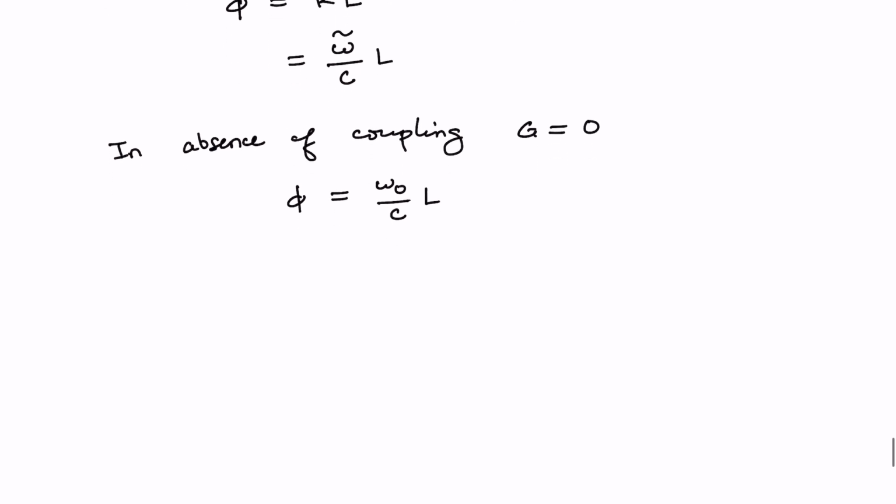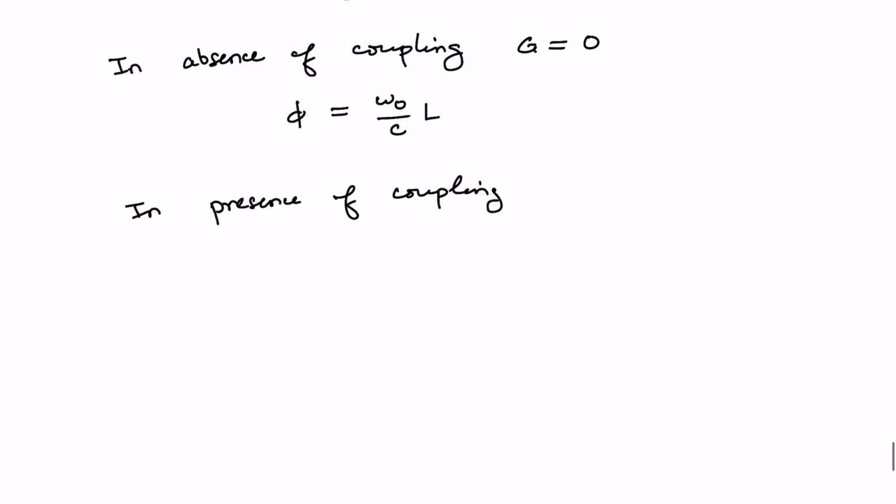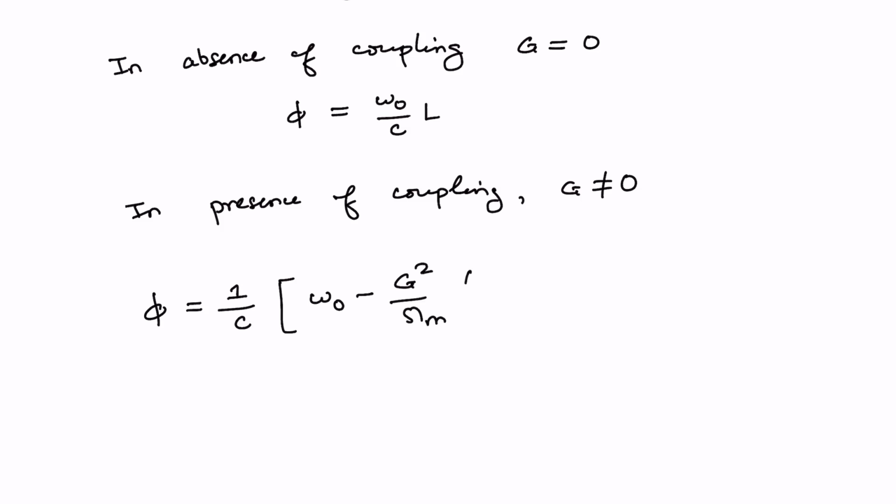And in the presence of coupling, that means when capital Z is non-zero, the phase is equal to 1 by c into omega 0 minus capital Z square by omega m, 2 a dagger a plus 1, into L.